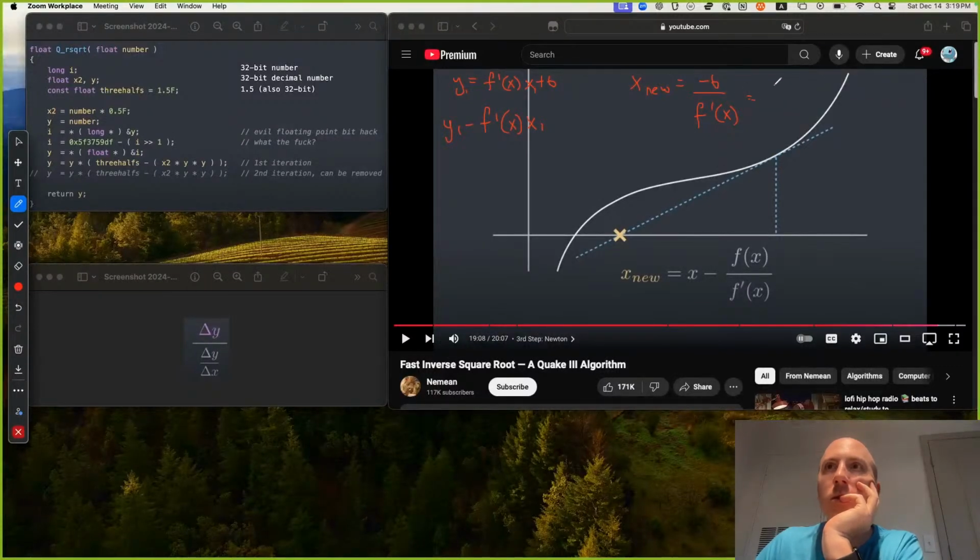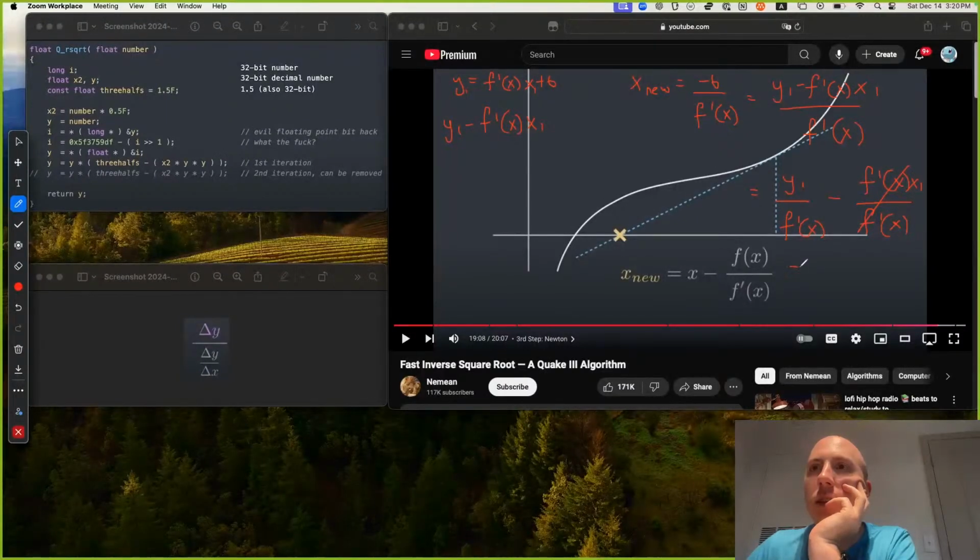So this is equal to y1 minus f prime of x times x1, over f prime of x, which equals y1 over f prime of x minus f prime of x times x1 over f prime of x, and so these things cancel out.